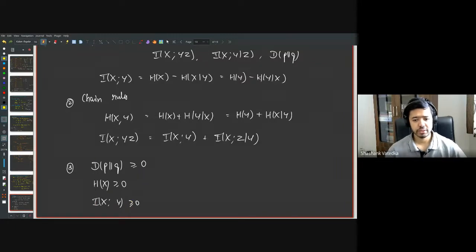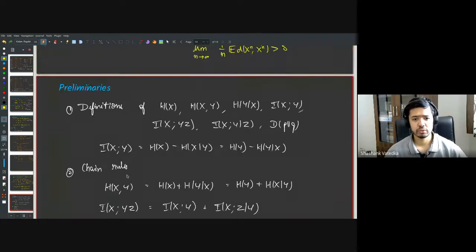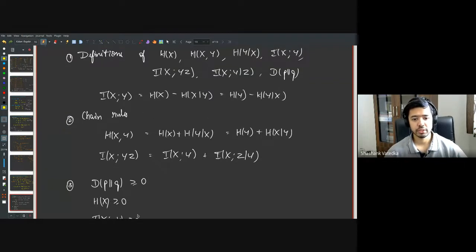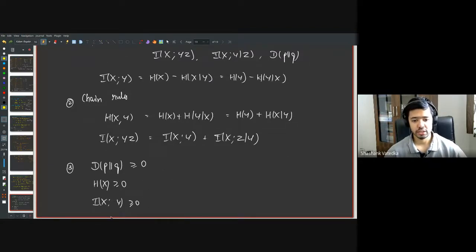We will use these properties in the rest of this course, so you should be completely familiar with these notions. We won't be using too much beyond this. Anything else we'll derive from scratch, but you should be comfortable with at least these definitions and these relationships.